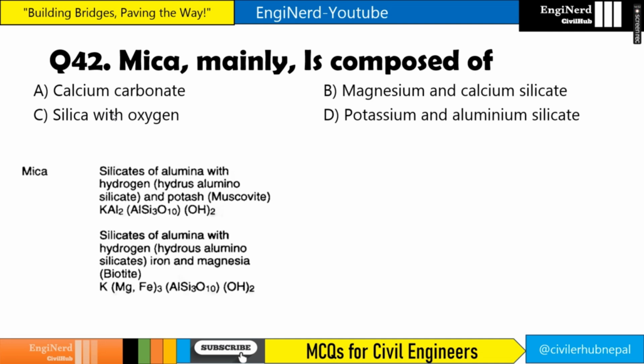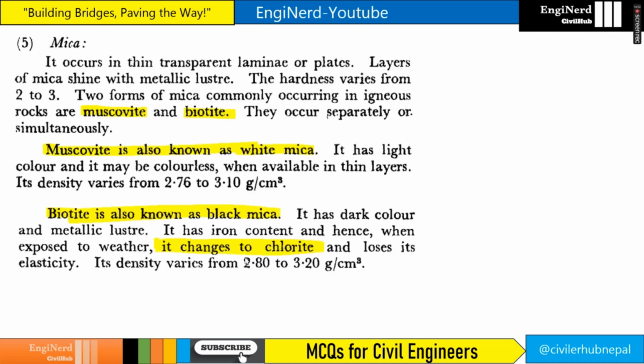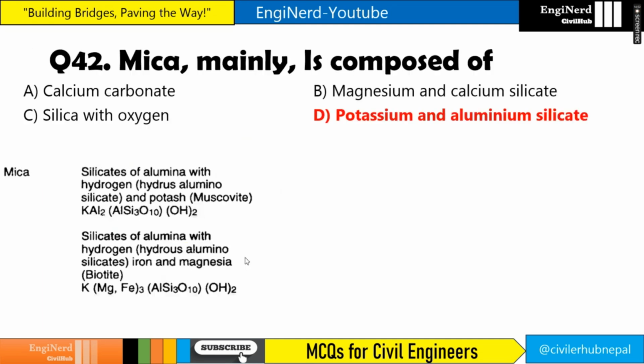Mica mainly is composed of what? Mica is mainly composed of muscovite and biotite. Biotite is a black mica, right? Muscovite is a white mica. If you see here, the silicates of alumina with hydrogen, iron and magnesium, right? And you can also get potassium and aluminum silicates, right?